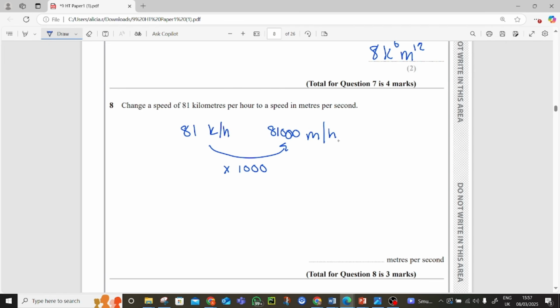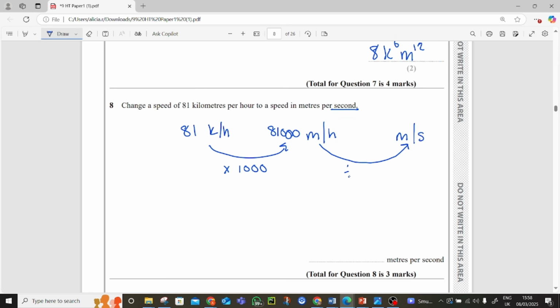81,000. Now this is meters per hour, not meters per second. So now I'm going to try and change it into meters per second. Now usually to get from hours to seconds, you would actually multiply in this case by 60 and then by 60 again. But this is meters per hour. So if you think about how many meters you travel in an hour, in comparison with how many meters you would travel in a second, you're actually going to go a lot further distance in 1 hour than you would in 1 second.